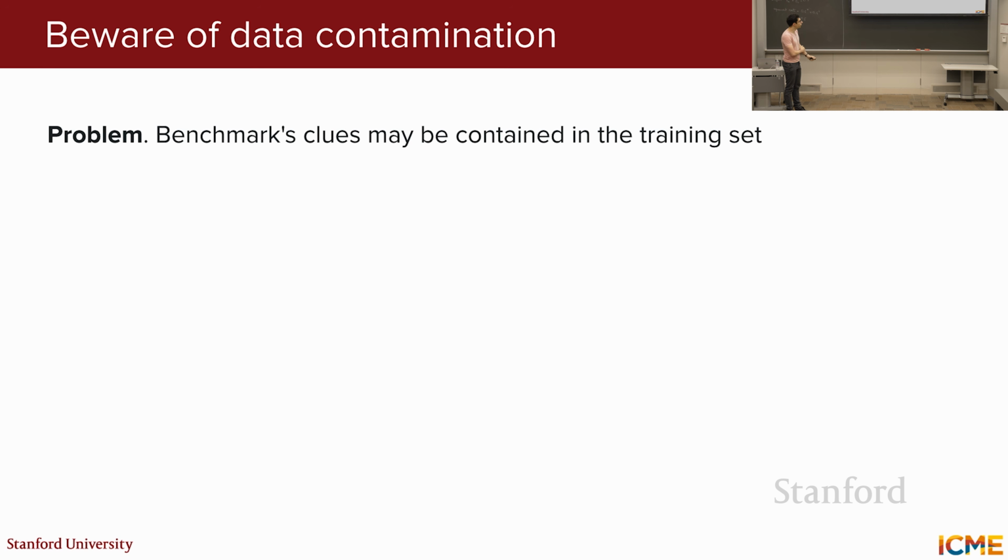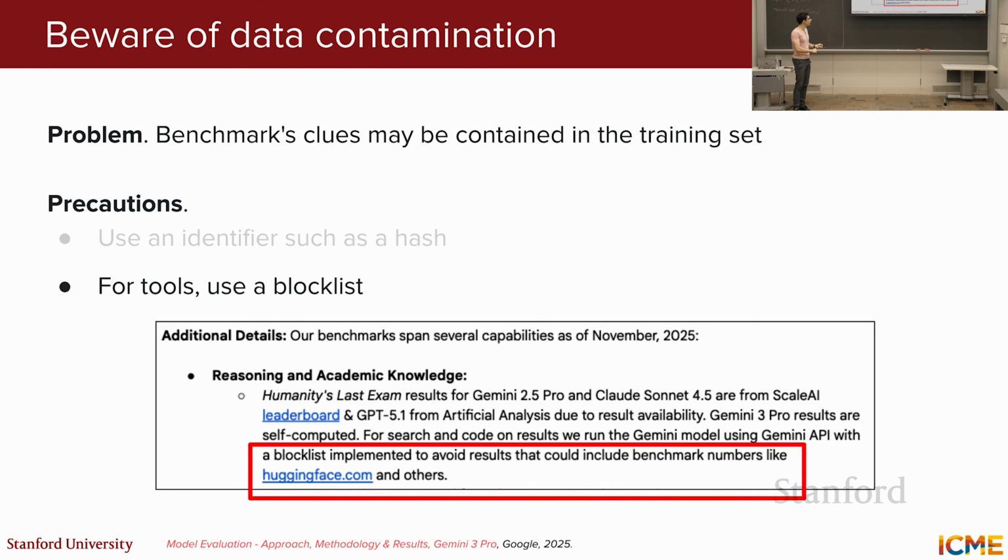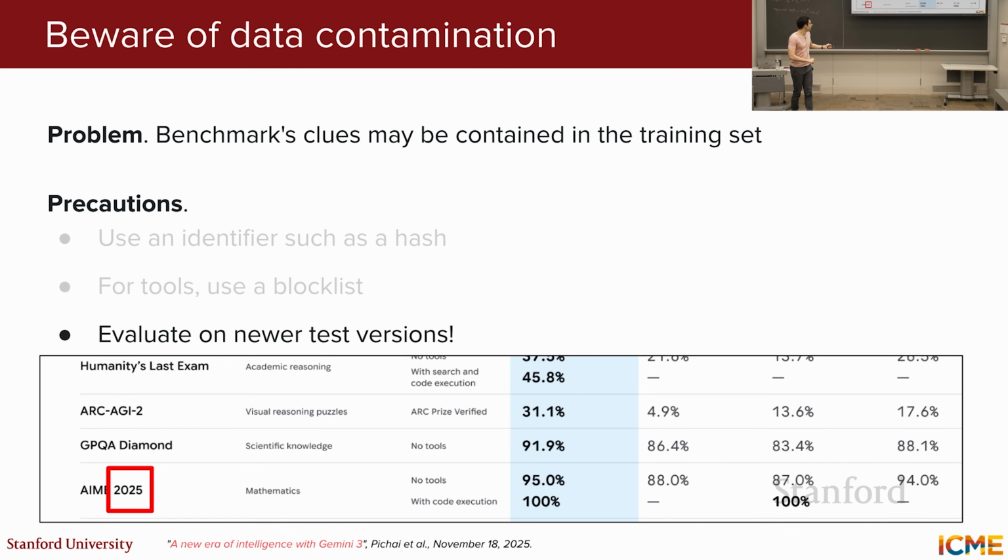And then a few words regarding data contamination. One thing about these benchmarks is that they are only as good as the assumption of whether the model has seen the actual benchmark results or not. So make sure it hasn't seen them, and for that, people introduce hash values. In the case of tool use, they introduce a block list in order to not access websites that might contain the responses.